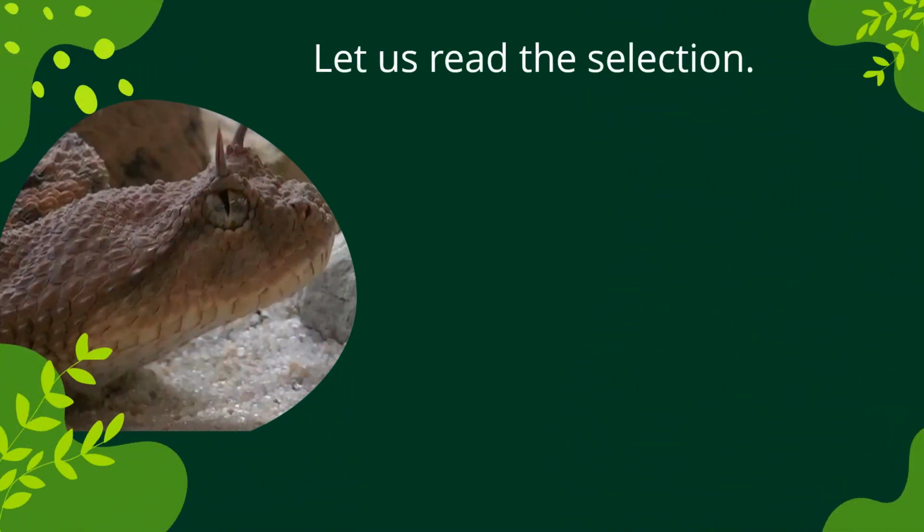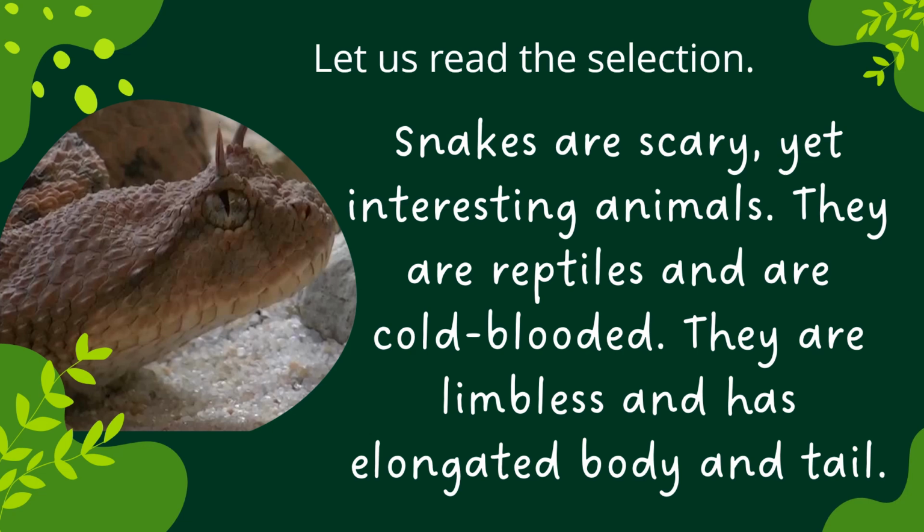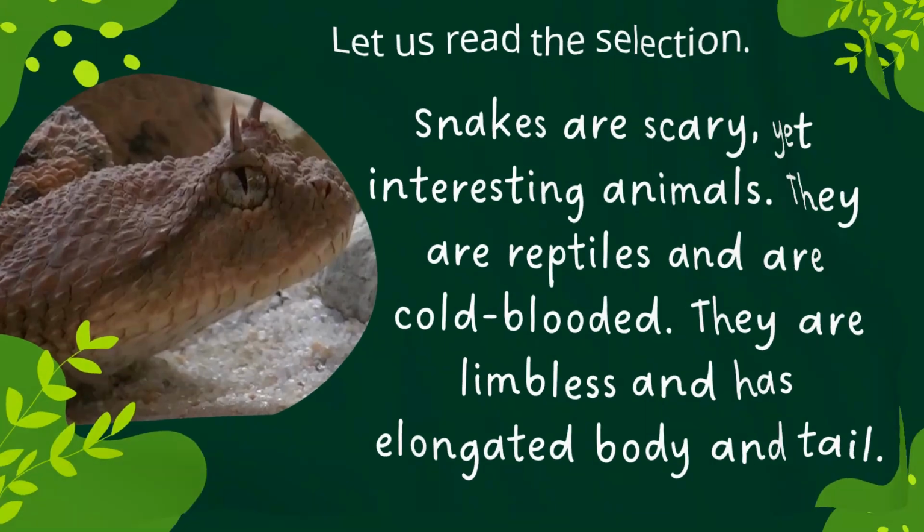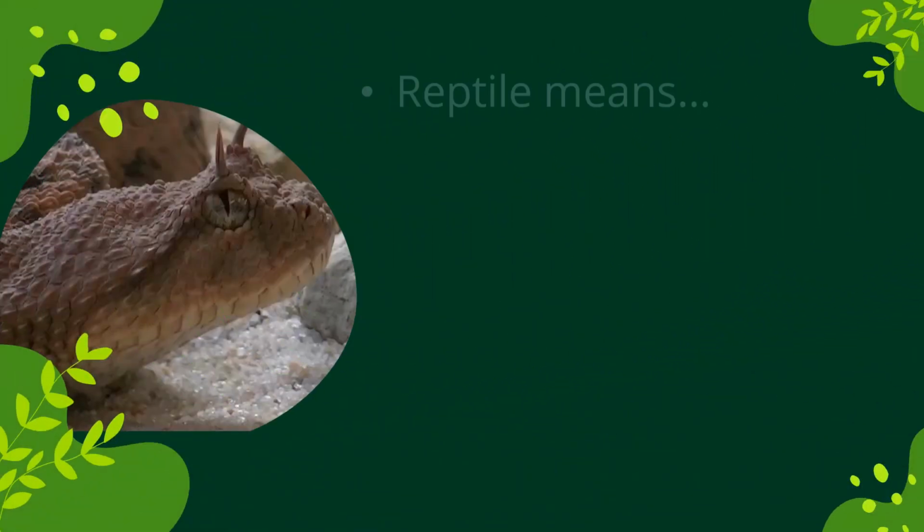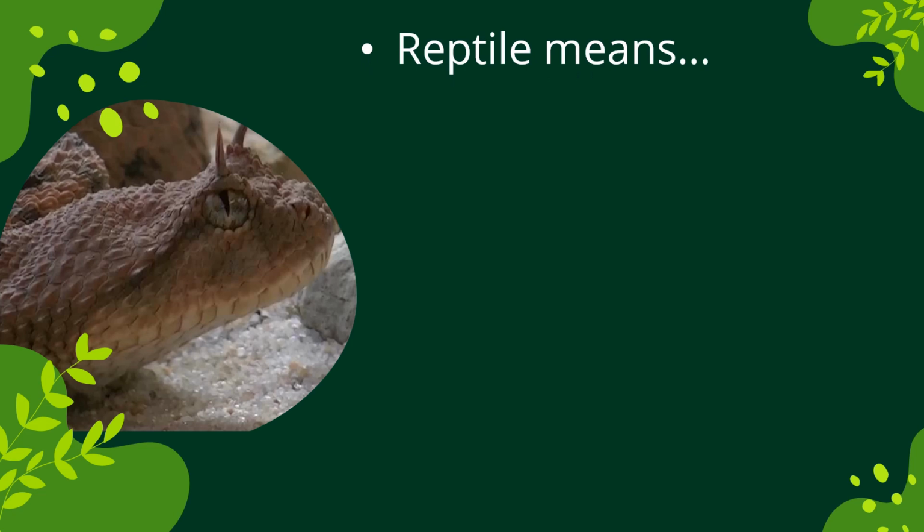So let's begin. Let us read the selection. Snakes are scary, yet interesting animals. They are reptiles and are cold-blooded. They are limbless and have an elongated body and tail. But what do we mean when we say reptile?